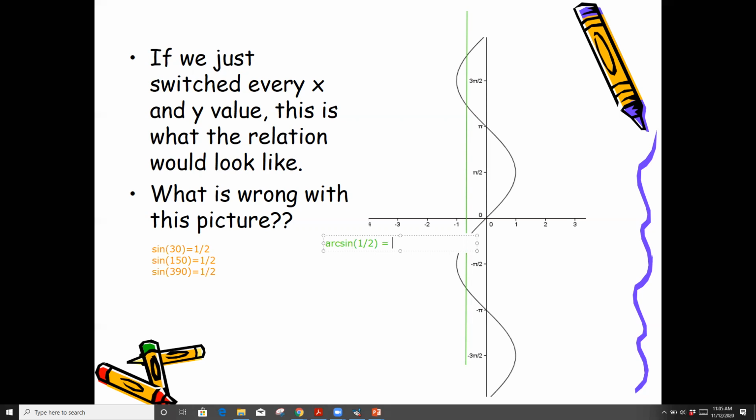Well, right now it could be 30 or 150 or 390, or there's an infinite amount of angles it could equal. That's not good. It's not a function then. So we want to restrict the domain of arc sine so that we only get one answer, like 30, the one closer to the origin. So that's exactly what we're going to do.